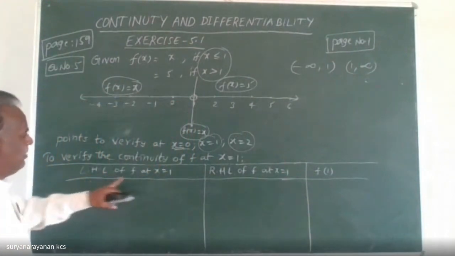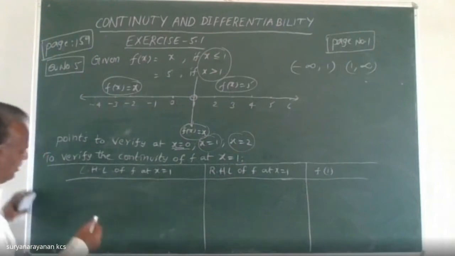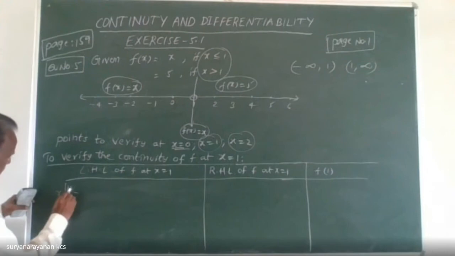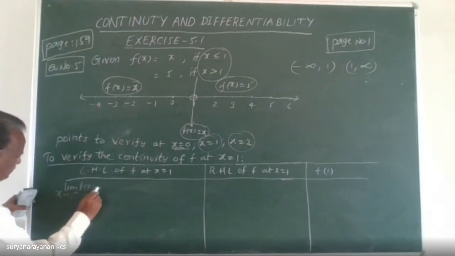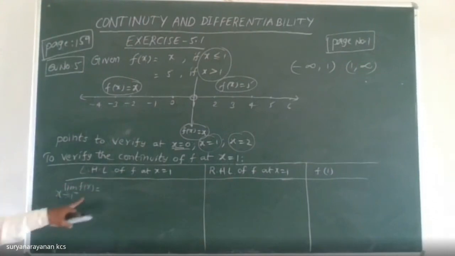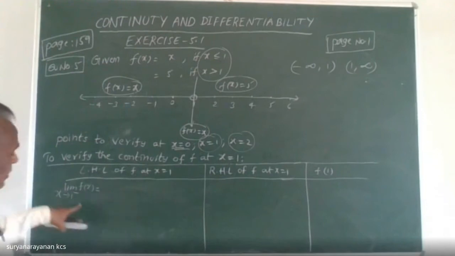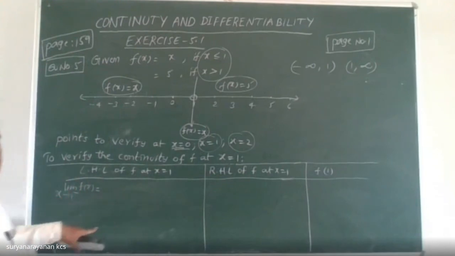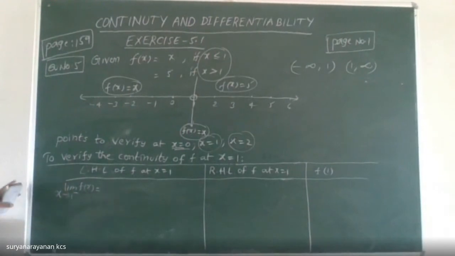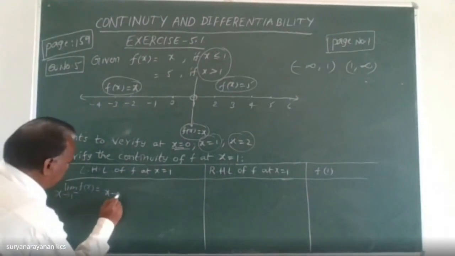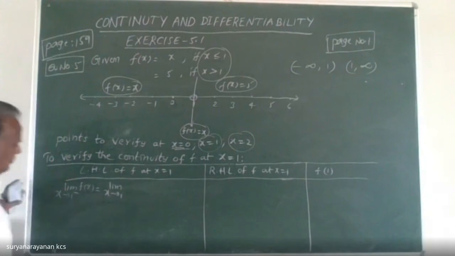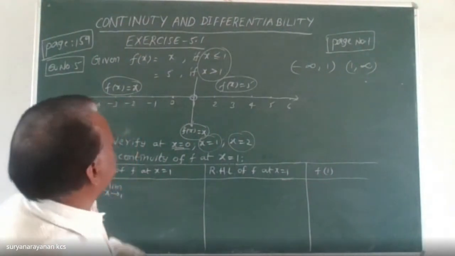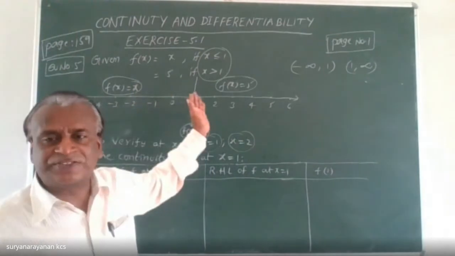So, how do you find left hand limit? As x tends to 1 minus, limit f of x is equal to. Remember this notation, my dear. This notation stands for left hand limit of f of x at x is equal to 1. As x tends to 1 minus means the left side, so you have to take the left side function.